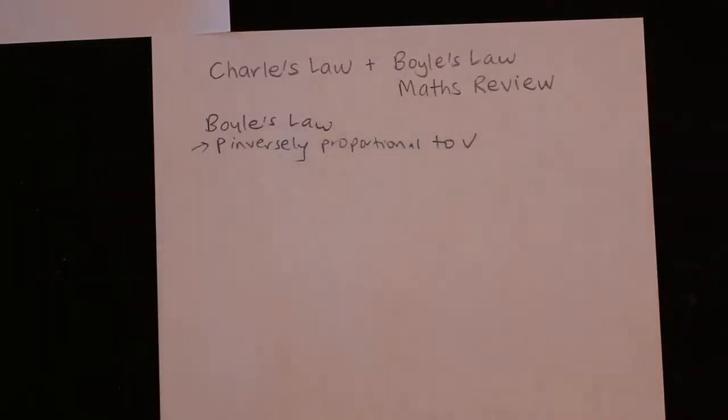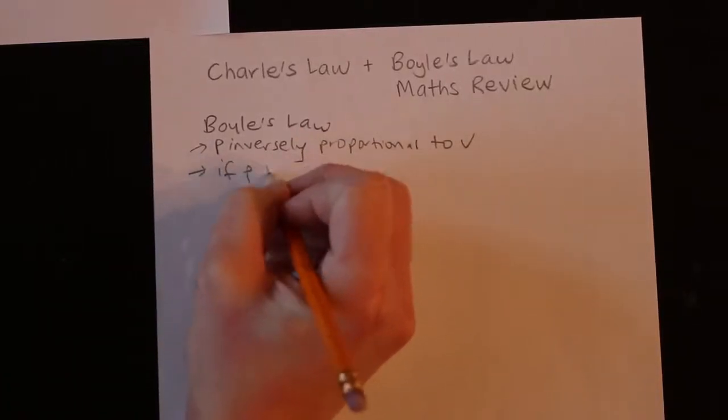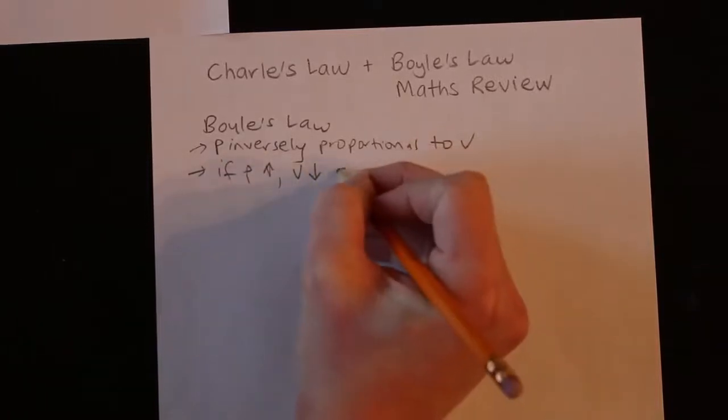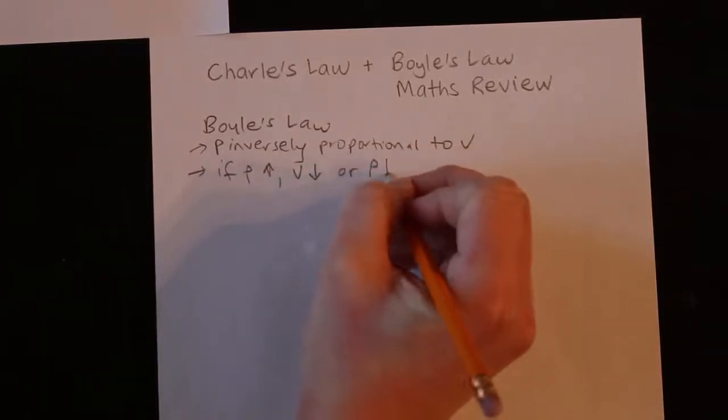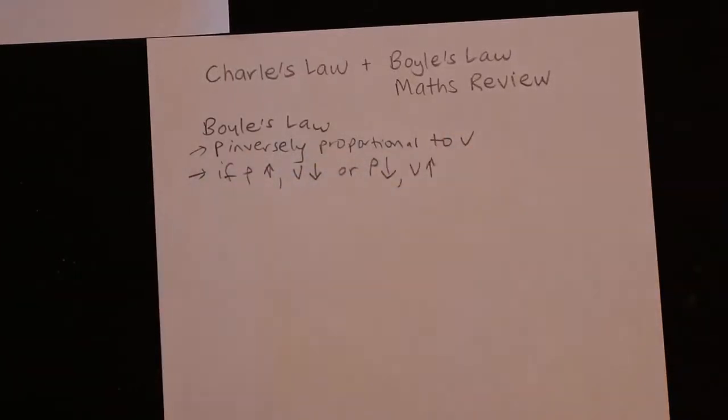And what does inversely proportional mean? When we say that pressure is inversely proportional to volume, what does that really mean? Well, what that means is that if pressure goes up, volume will go down, or if pressure goes down, volume will go up. So in other words, they always do the opposite thing.